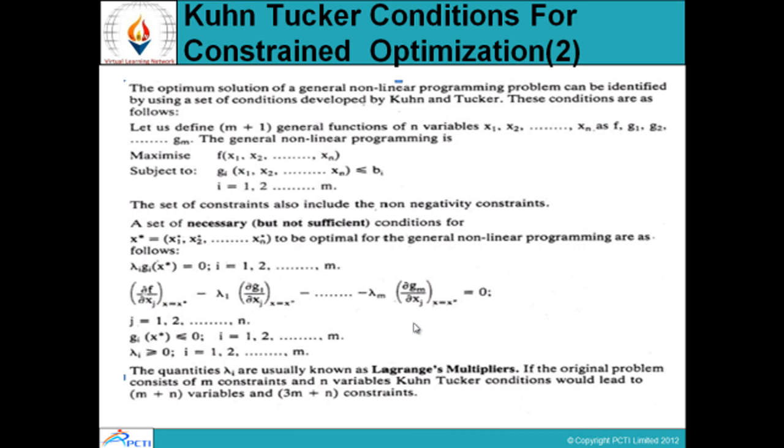The quantities lambda i are usually known as Lagrange multipliers. If the original problem consists of m constraints and n variables, the Kuhn-Tucker conditions would lead to m plus n variables and 3m plus n constraints.